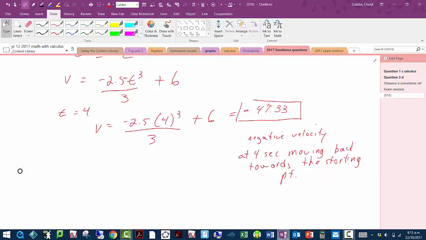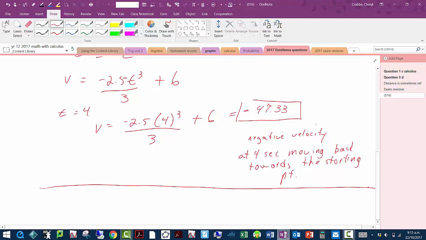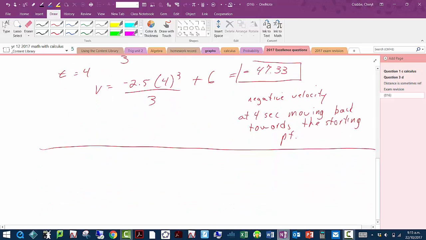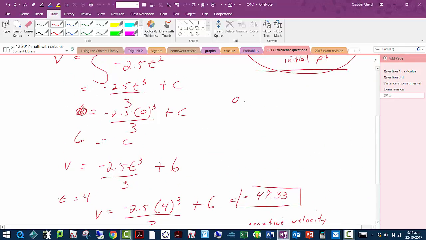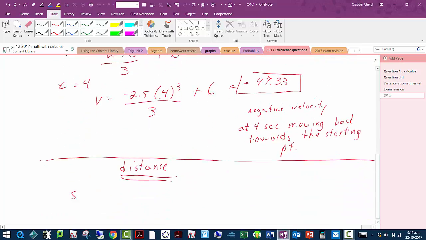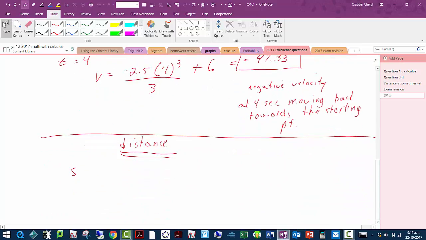So we know the velocity, we know how fast it's moving and in what direction, but we also should work out the distance so that we can get a full story of what's going on with this problem. So again, we've got to anti-differentiate. Remember, if we move from acceleration to velocity to distance, we're integrating. So we're going to double integrate from the initial expression.